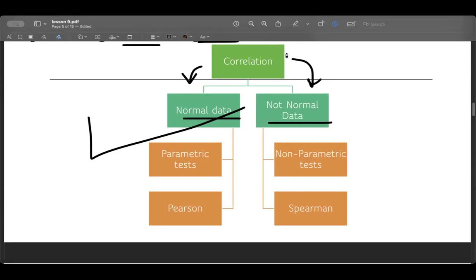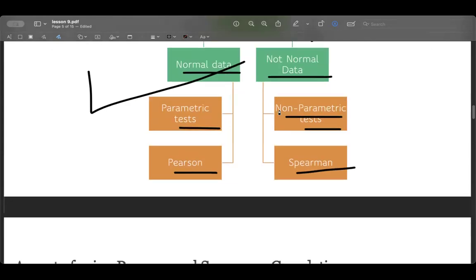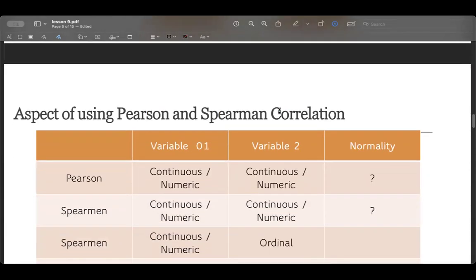Now, we should know the differences between normal and not normal data, the difference between parametric and non-parametric tests, and how the Pearson and Spearman correlations differ with respect to normal and not normal data. Those are the very important things we should know.